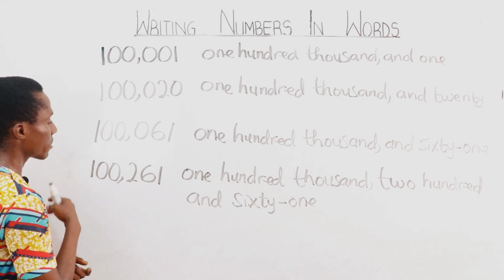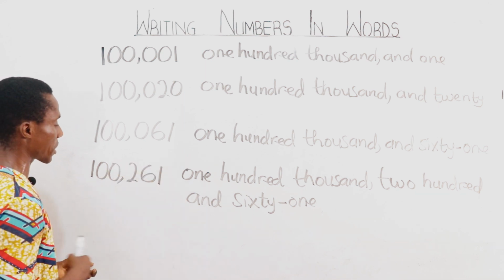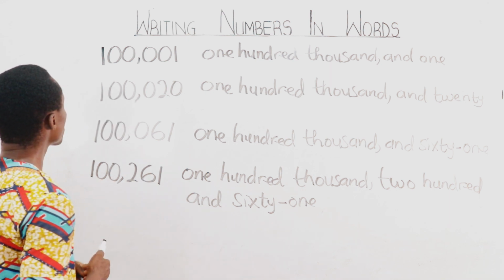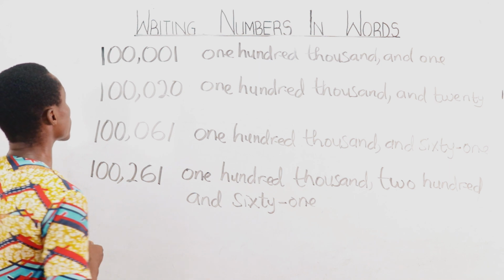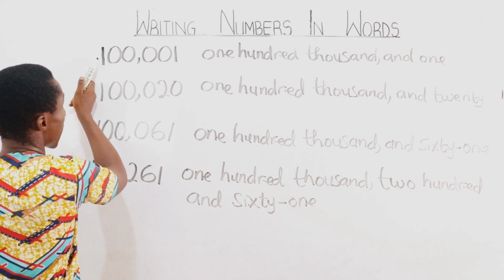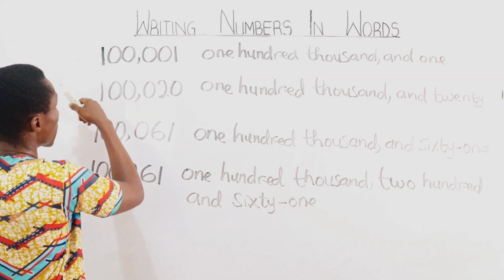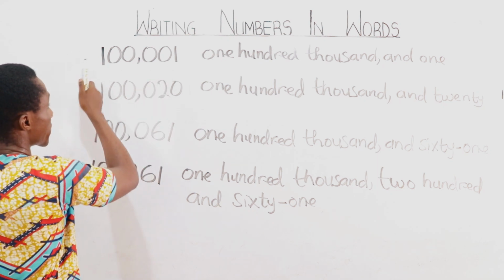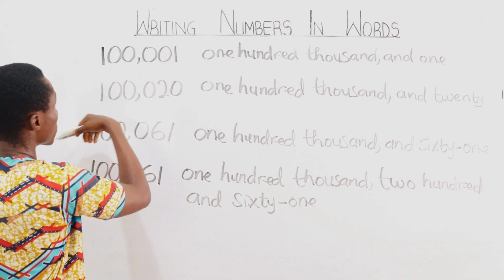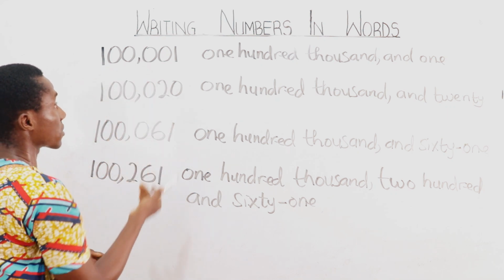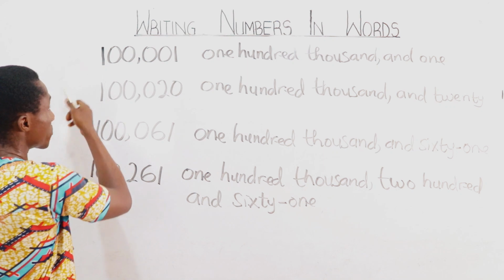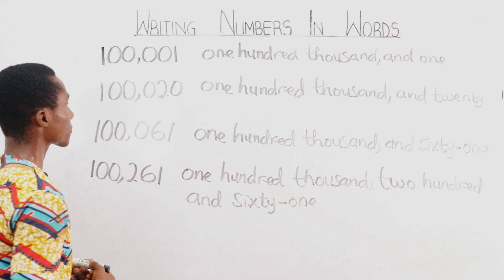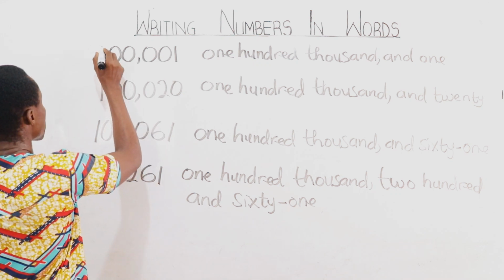We can have 100,000, 400 and something, and so on and so forth. And then we have to also realize that now this is 100,001. It could have been 200,001, 300,001, 400,001, and it could also be 900,001.